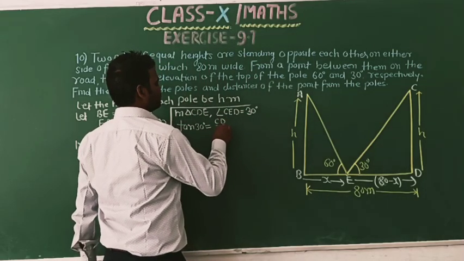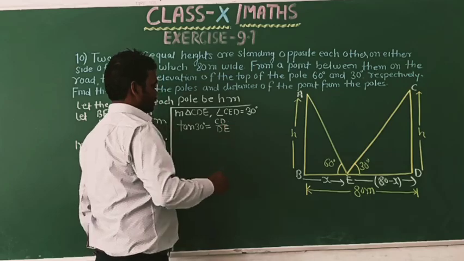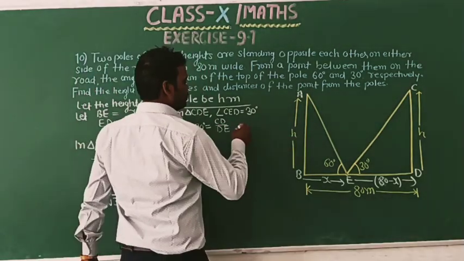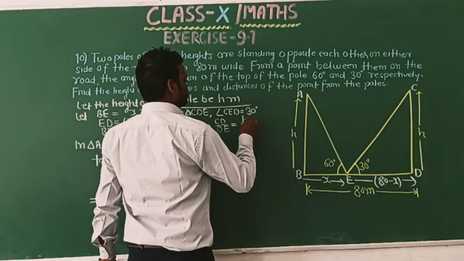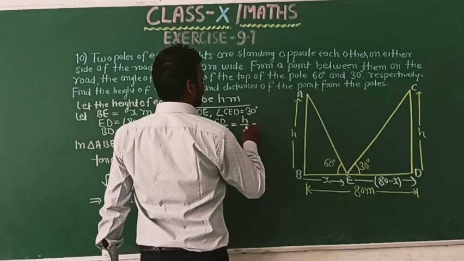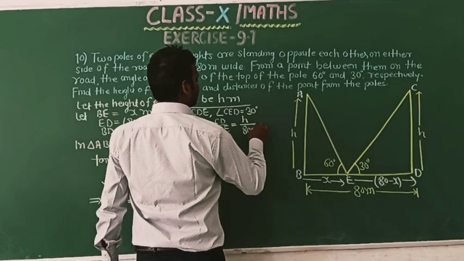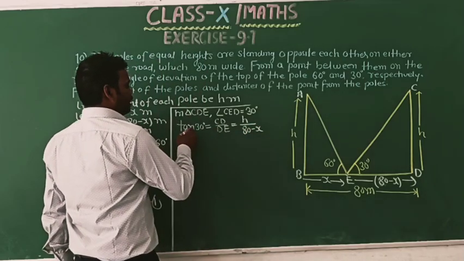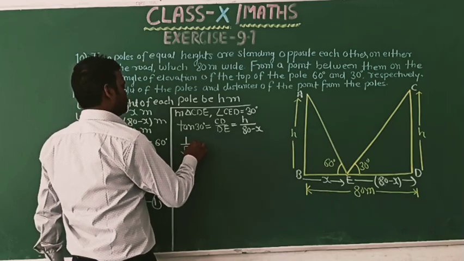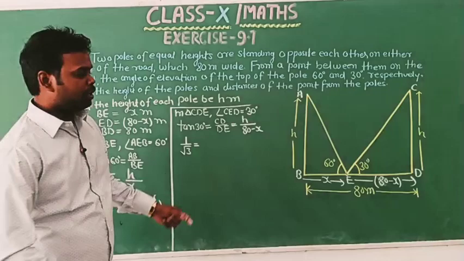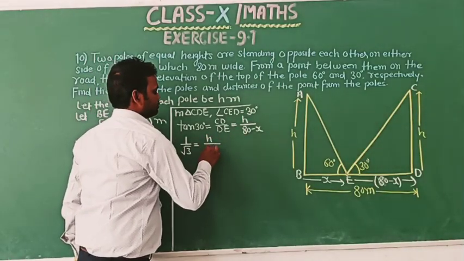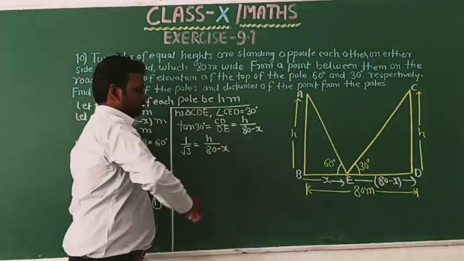Here CD is equal to h upon DE, 80 minus x. And the value of tan 30, 1 by root 3, equal to h by 80 minus x.